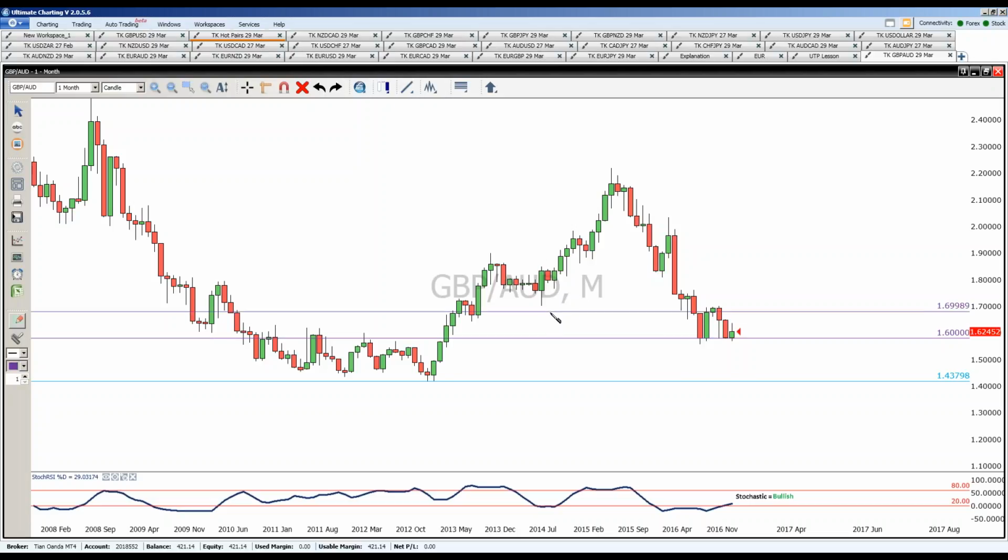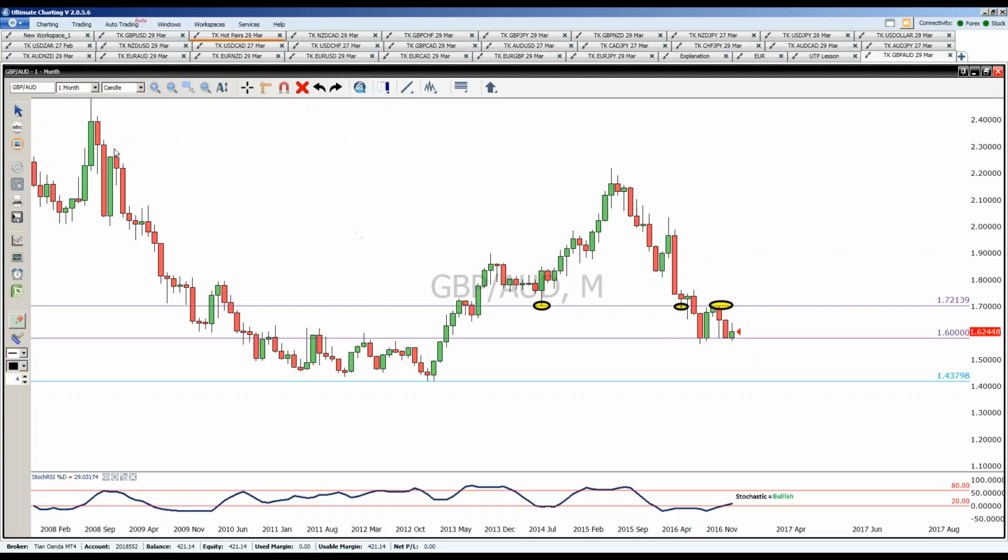Then let's see if there's another pivot here. It seems like there's a pivot also at 1.7213, because that is a previous level of support where the market reacted, and then it bounced, and then it moved below it, and then we moved up and we bounced against that.